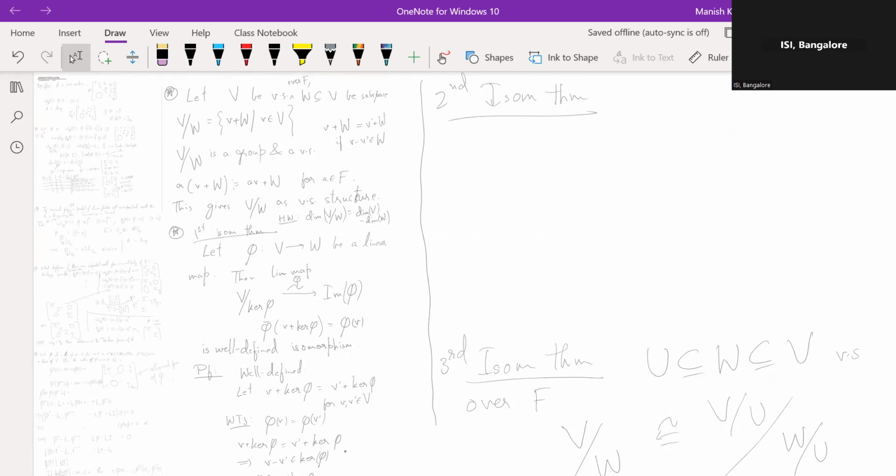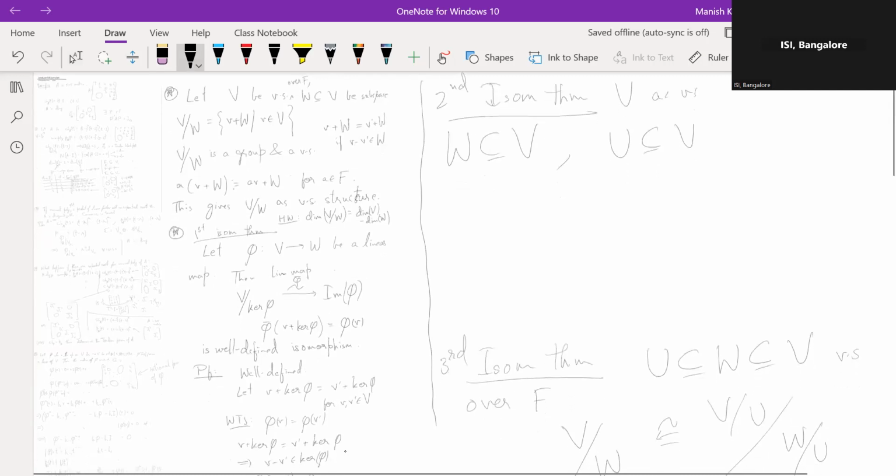I guess there is a vector space V over F, and there is a subspace W, and there is one more subspace U of V. So U and W are subspaces.